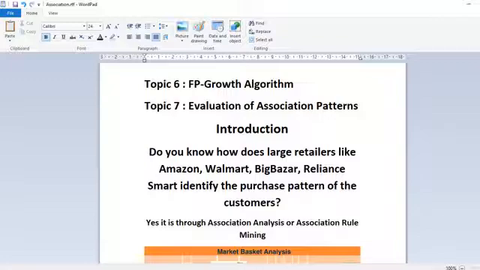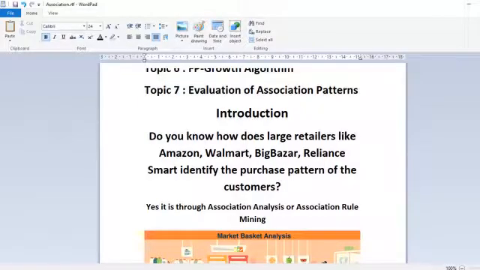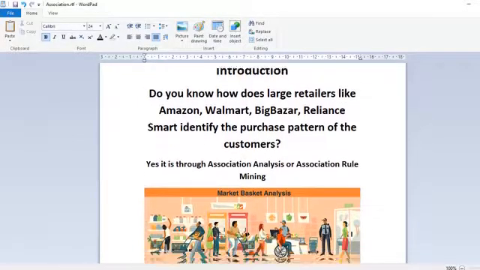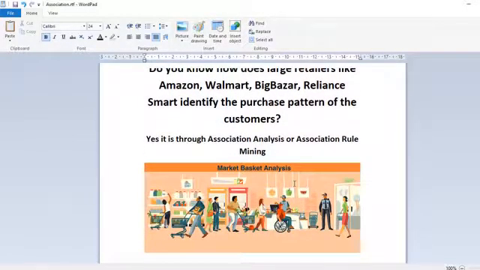They analyze this huge data set to understand the purchasing pattern, or association of purchasing of one item with another item. So association analysis or association rule mining is famously called market basket analysis.